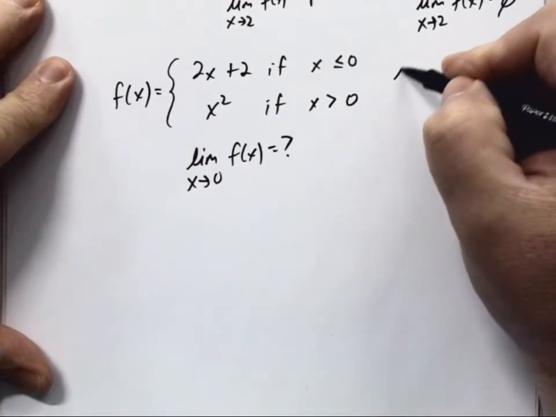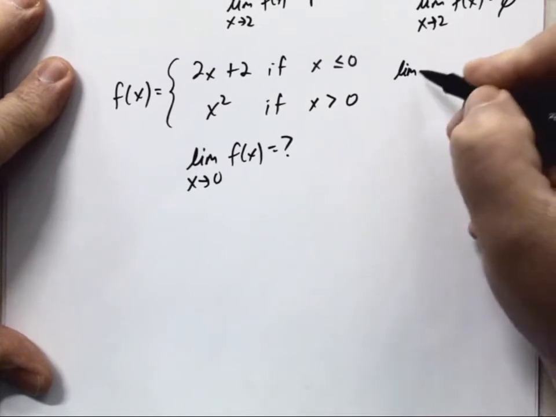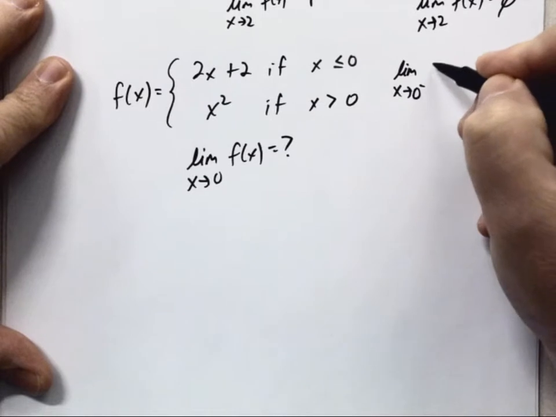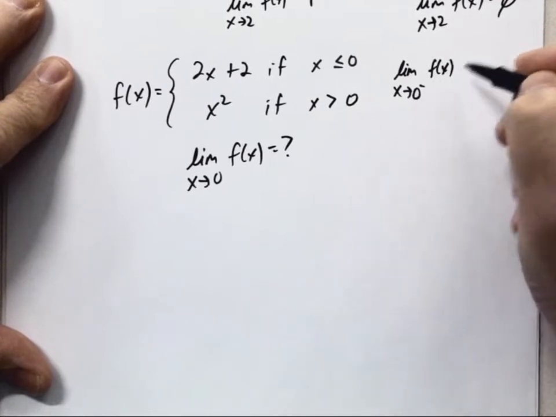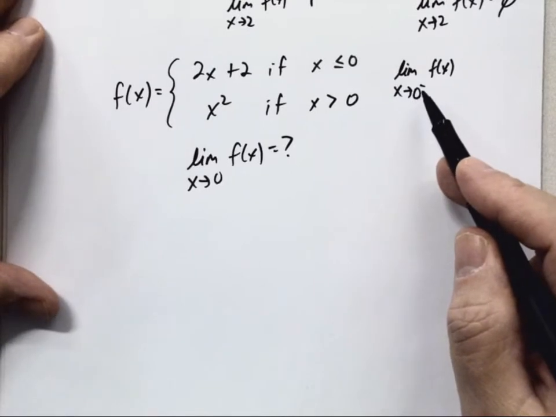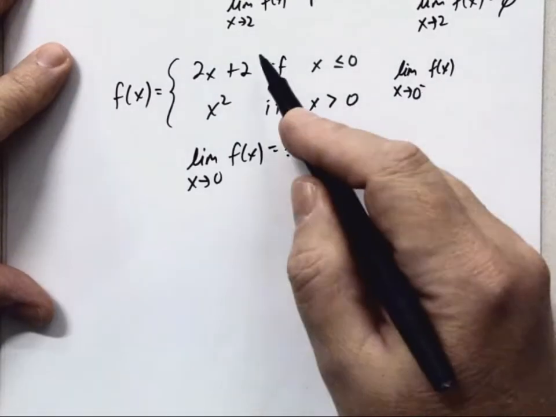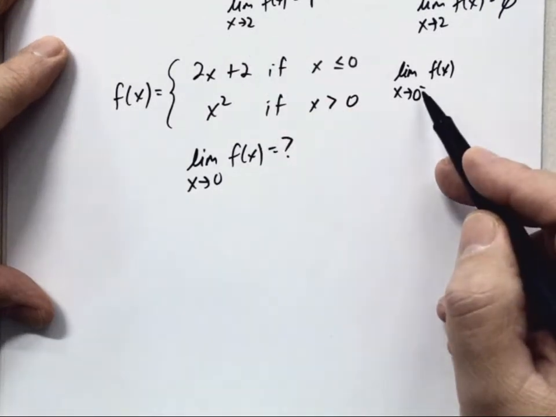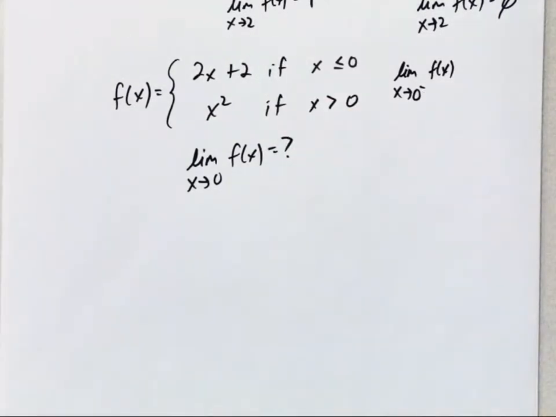So what we do is, as x approaches 0 from the low side, the first thing we have to figure out is which function applies here. If x is coming from the low side, in other words, x is -3, then -2, then -1, which of these functions should we use?